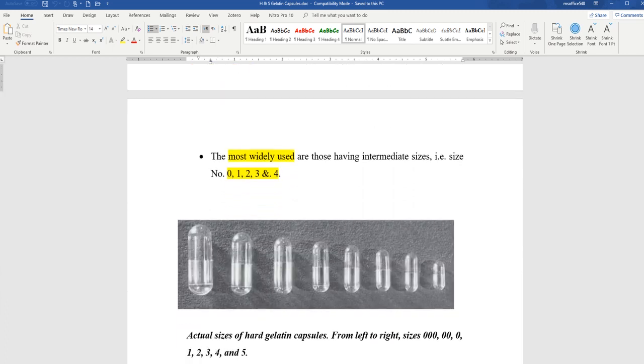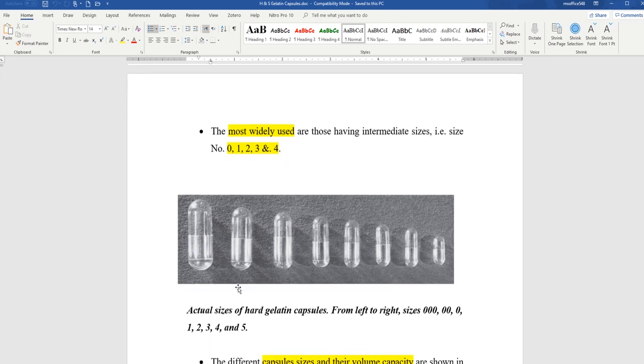Now, these are the 8 sizes, and we give them numbers. These numbers are 000, which is the biggest, then 00, 0, 1, 2, 3, 4, 5. It's not difficult, okay? So the biggest is 000, and the smallest is 5. This is the smallest, okay?